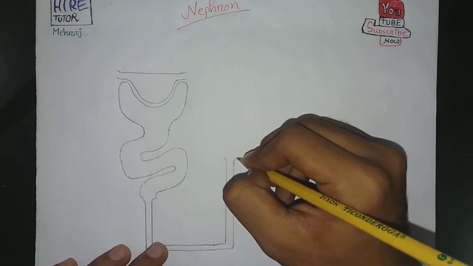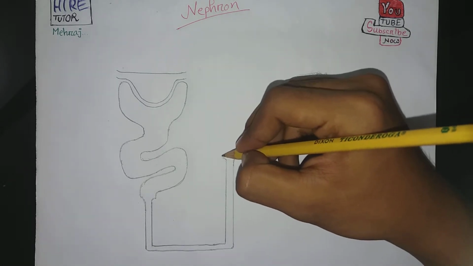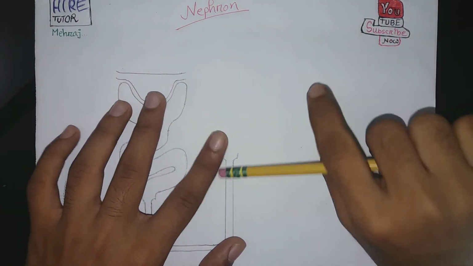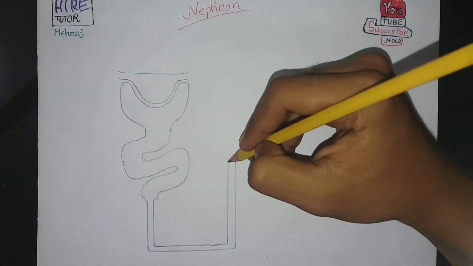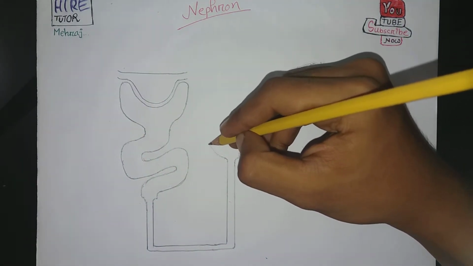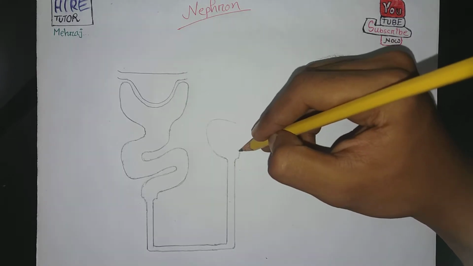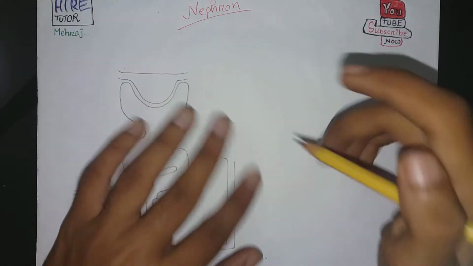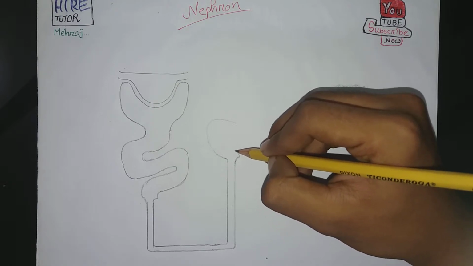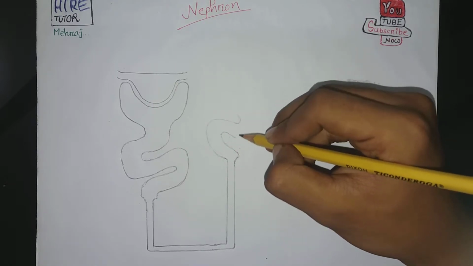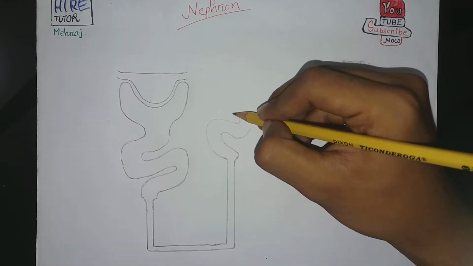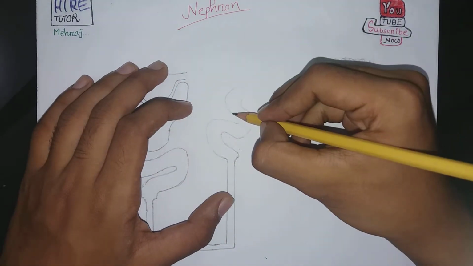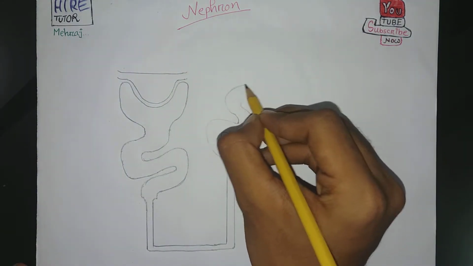Now it will be a bit fatter than before, and it is also convoluted, so we have to make it convoluted.